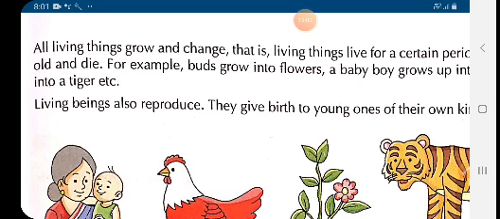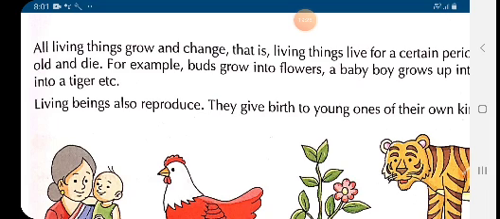The different stages of life, starting from the small baby to adult, this whole cycle is called the life cycle. Children, at every stage we keep on changing in appearance as well as in shape.